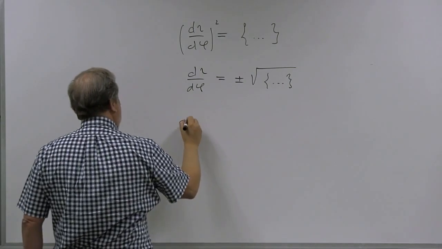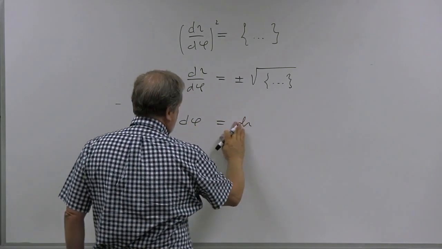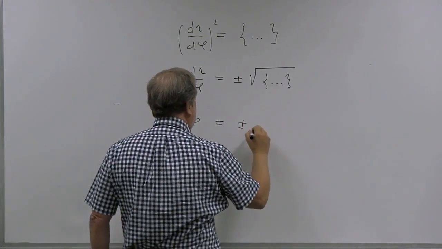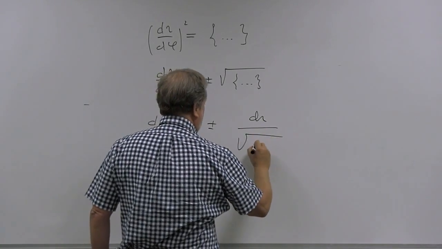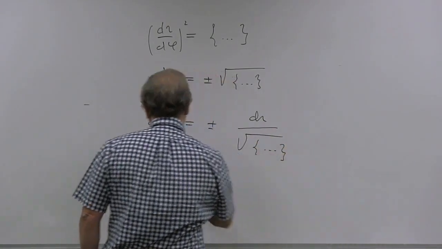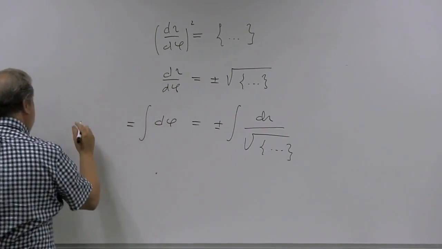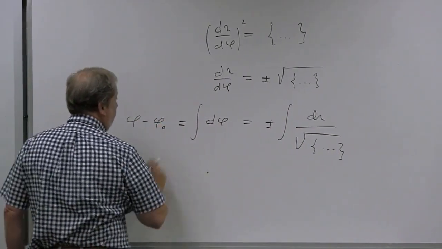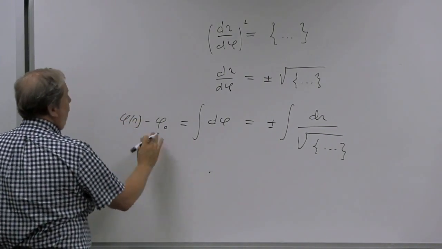Then you can write dφ as dr, still with a plus or minus, divided by the square root of whatever you have there. And then you can integrate on both sides, and this is going to be some φ minus φ naught, so this is going to be φ(r) minus φ naught.